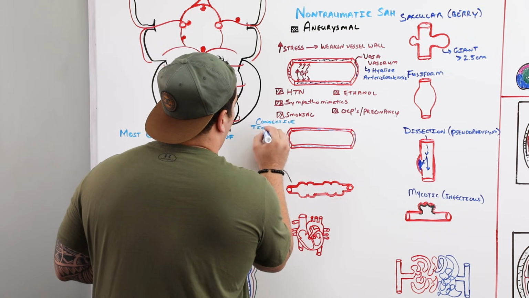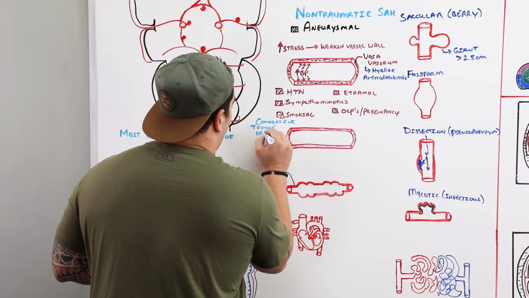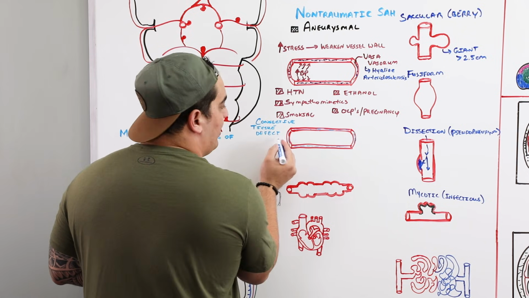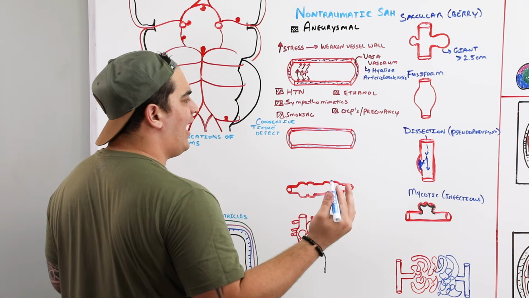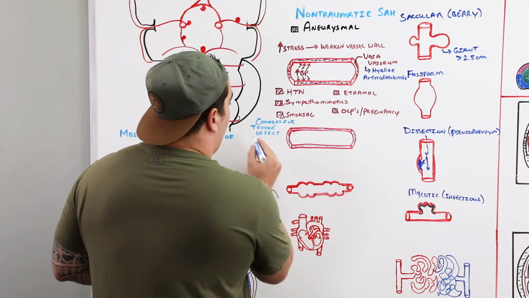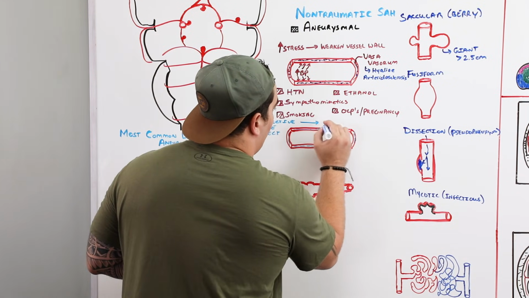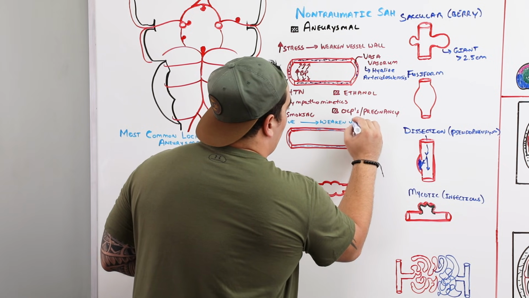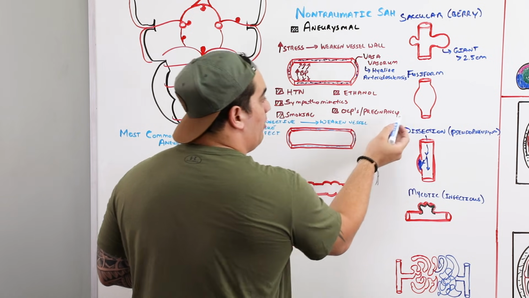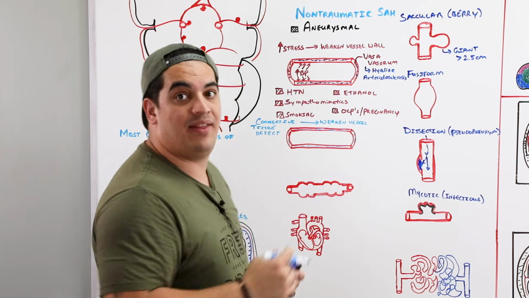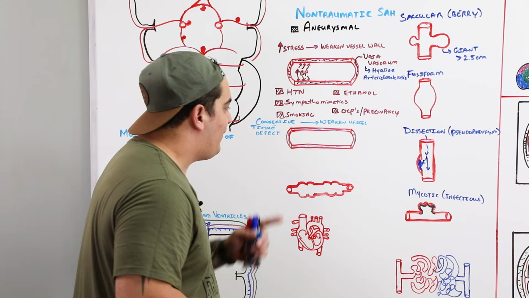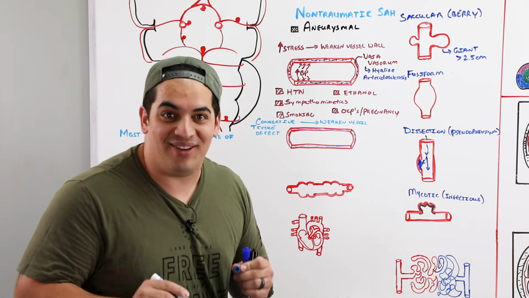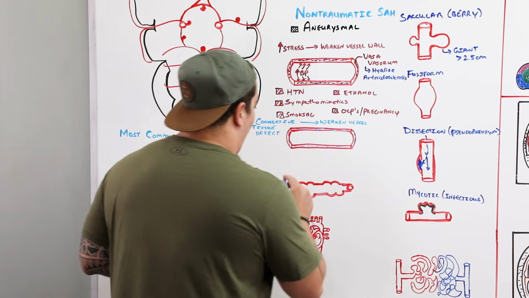Connective tissue is very important for the entire structure of the vessel wall. If you have a defect within that connective tissue, that can weaken the vessel wall. If you weaken the vessel wall, it's prone to forming dilation, outpouching, and then rupturing. What are the different types of connective tissue defects that you guys should be thinking about?